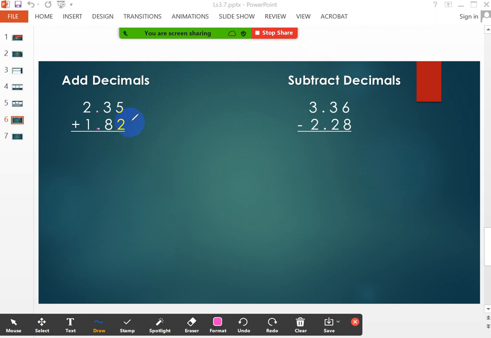That means I will guess, or the answer will be about or close to some number. But here, if I want to find the exact number, I will start my operation, which is addition. I will start from the right side as we learned.